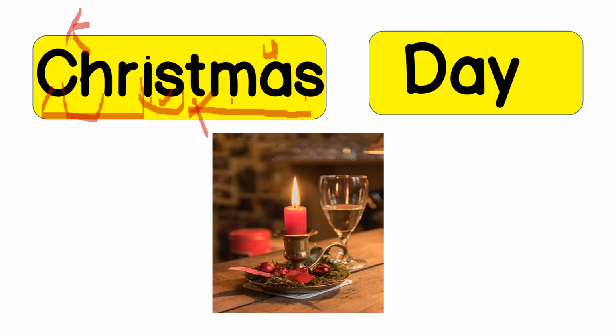Christmas. Let's now call our word that goes along with it, D. A and Y together. What sound does A and Y make together? A. Let's put all two sounds together. D, A, day.